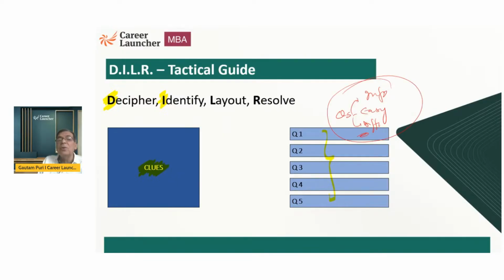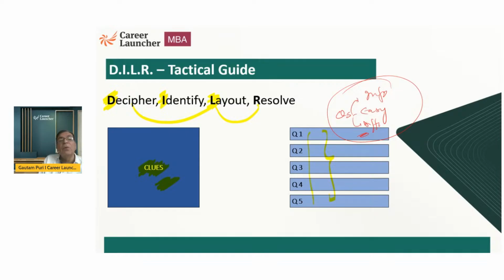And finally, based on the question, we will do what is called the tabulation of data, or the layouting. So layout is based on the question requirement and the clues given, based on your deciphering or comprehension of the data set, and based on the requirement of the question, you tabulate the data. That is the layout. And unfortunately, as I said, most students tend to jump directly from decipher to layout and then layout to resolve.